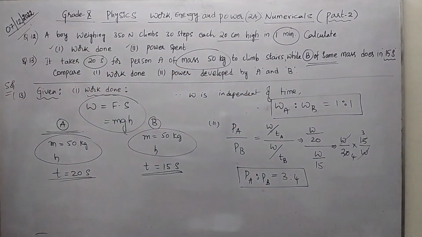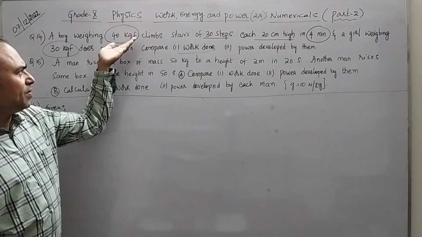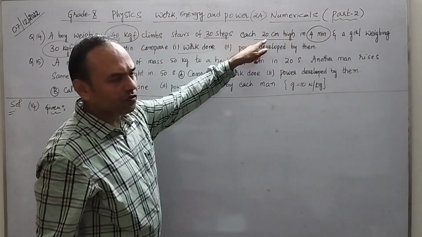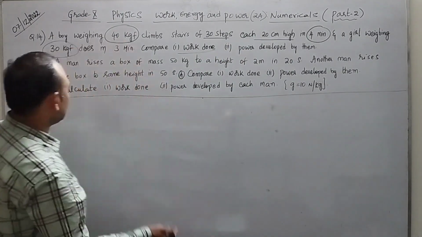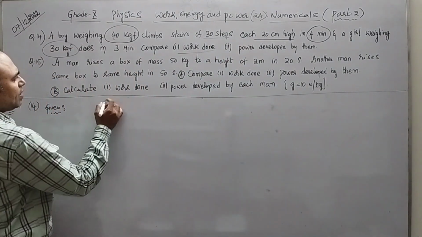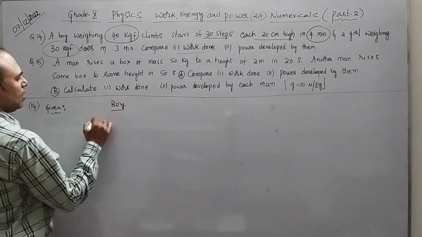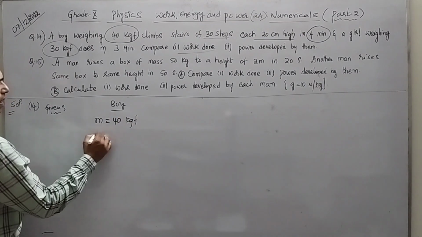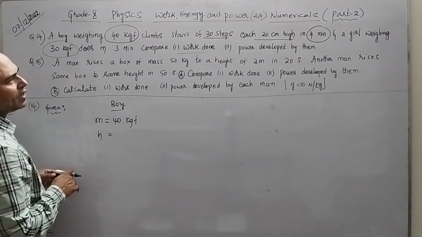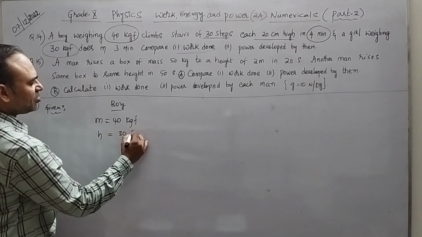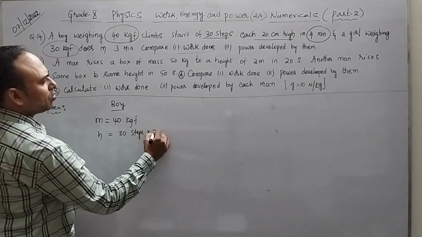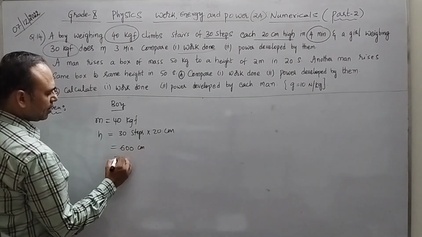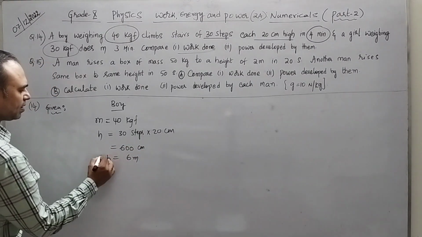Very simple question. A boy weighing 40 kg of mass climbs the stairs of 30 steps, each 20 centimeter height, in 4 minutes. So let us write what is given here. In case of the boy, m is equal to 40 kg, and height or displacement we can take as 30 steps into 20 centimeter, nothing but 600 centimeter, we can write it as 6 meters.